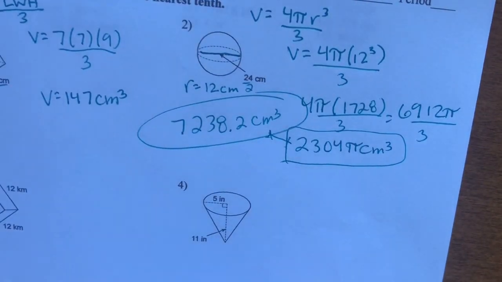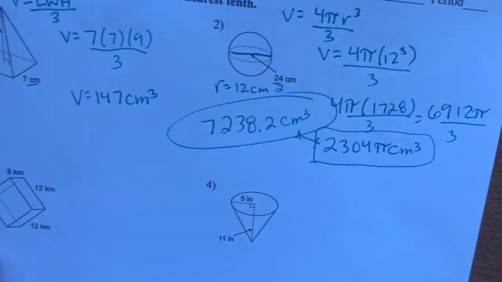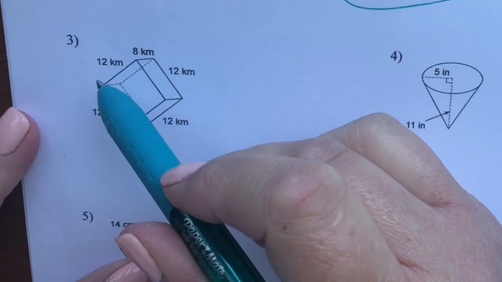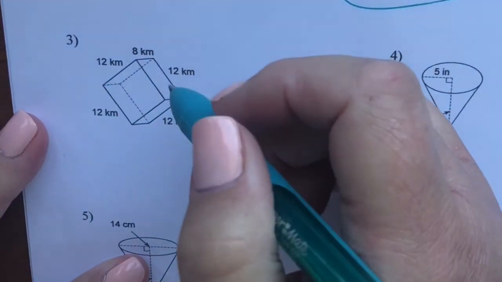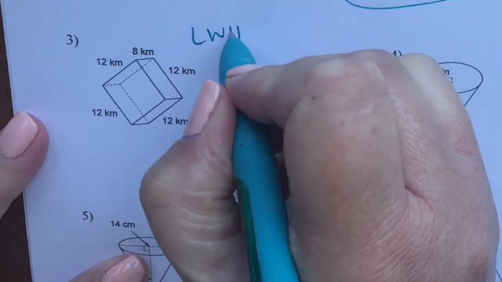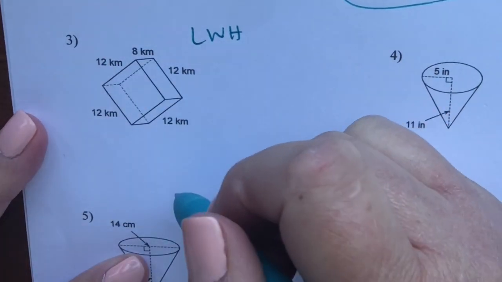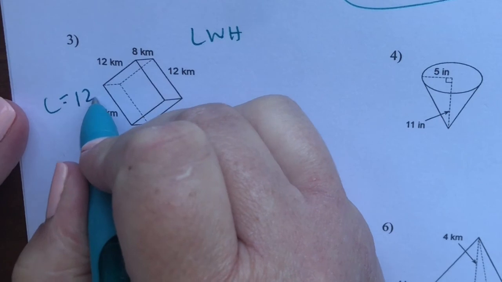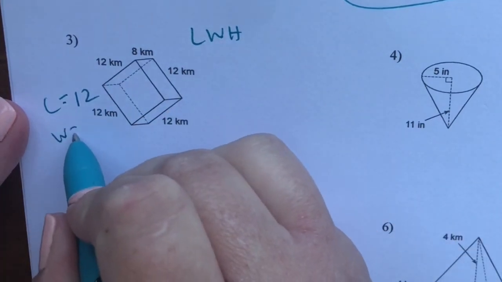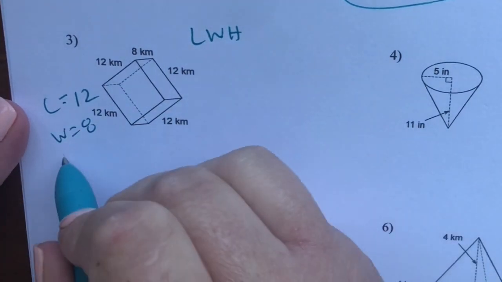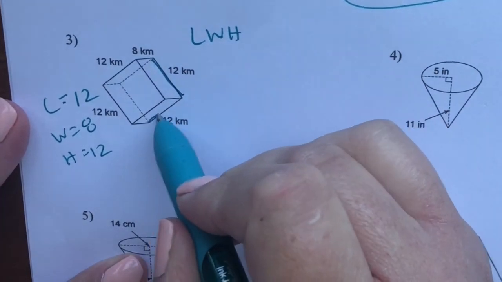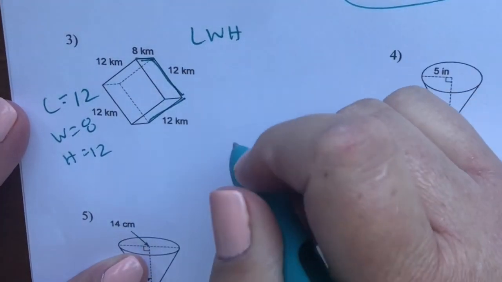That looks good. All right, so the next one we have here is a cube, or prism, if you want to call it that. Prism is just length times width times height. So I've got length of 12, width of 8, and height of 12. So that means it's like this side, and this side.